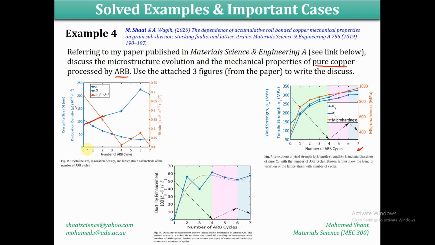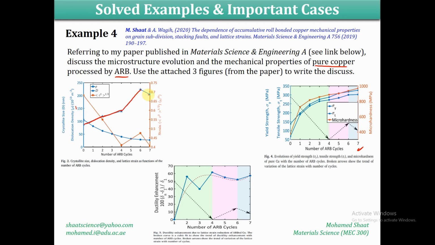The zero cycle indicates that we didn't do accumulative roll bonding over this pure copper. But after one cycle, the dislocation density increases. After the second, it keeps on increasing. After the third, even after the fourth cycle, it significantly increases after the sixth cycle.